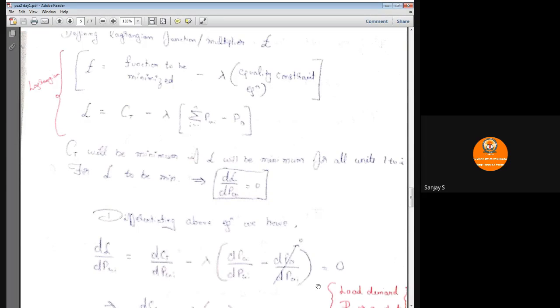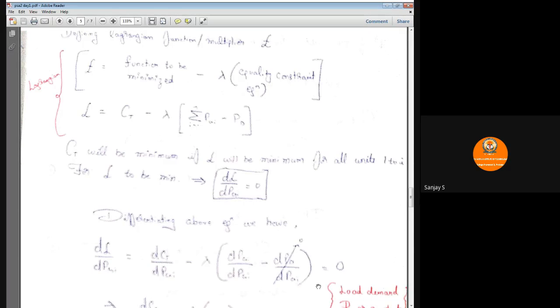Okay, in the next sheet, we are defining a function called the Lagrangian function. I think this particular image looks a little blurry. When I send you the hard copy, I'll take a proper image and send it. We are going to define a Lagrangian function, and this Lagrangian is given by the function to be minimized minus lambda into the equality constraint equation.